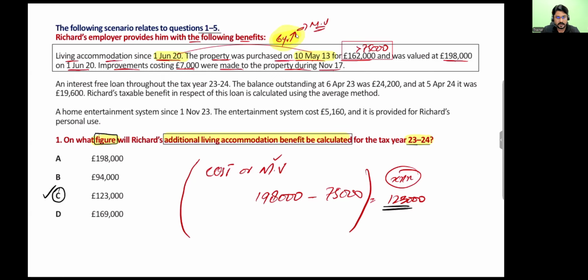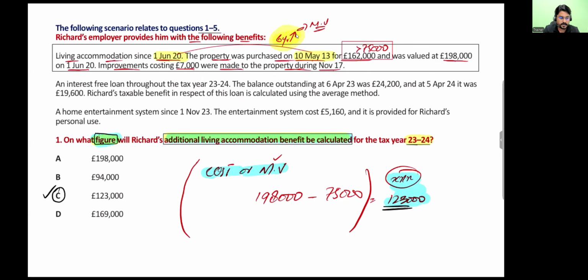If the examiner asks you which value to be used in the calculation, cost or market value, then you will say that market value will be used. But the examiner has asked you on what figure this benefit will be calculated, so that is the figure on which expensive accommodation benefit will be calculated.